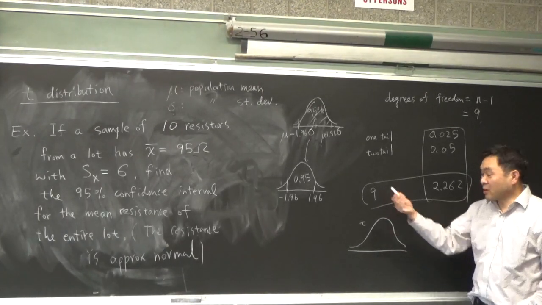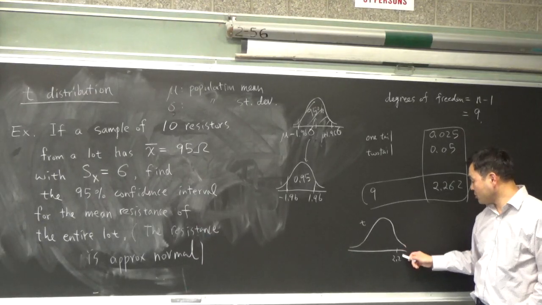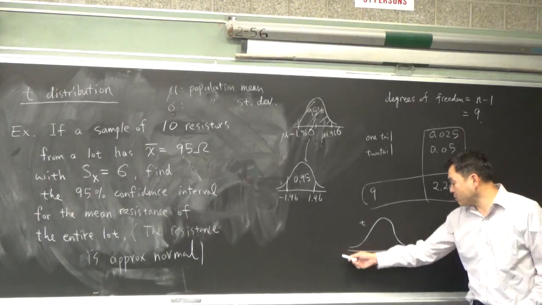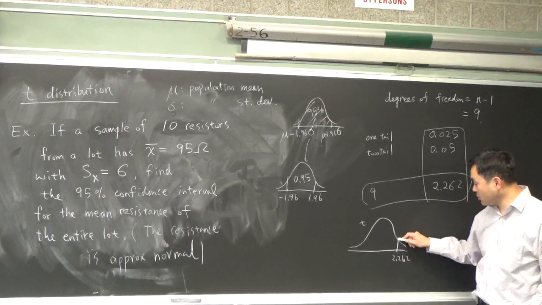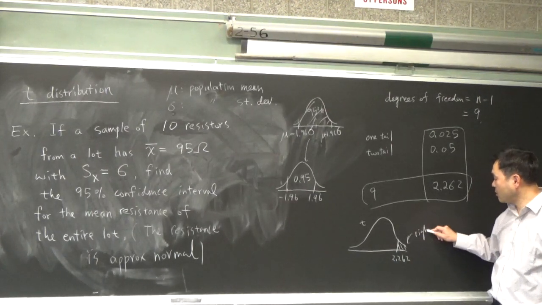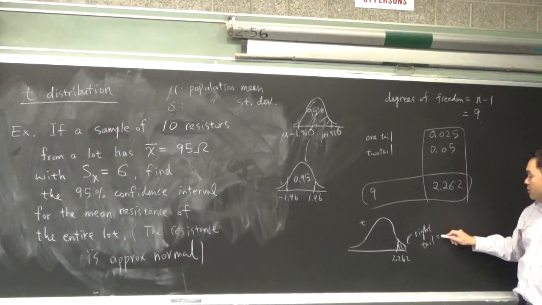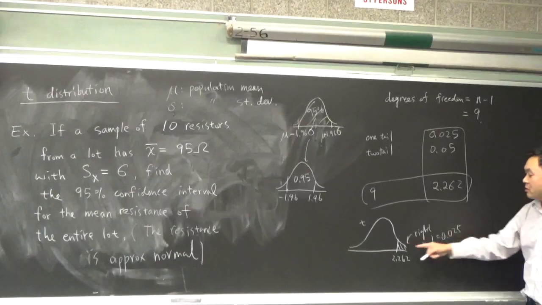But overall, they both look like a bell shape. If you go from negative infinity to 2.262 and look at the right tail only, the right tail will be 0.025. That will be the area here.